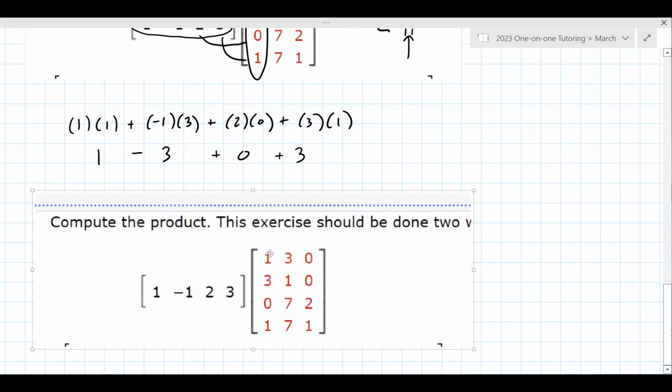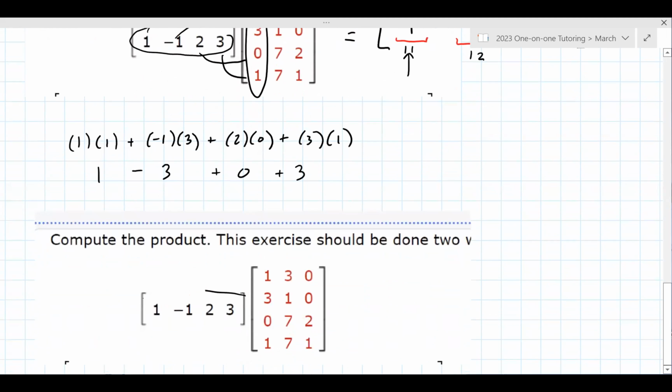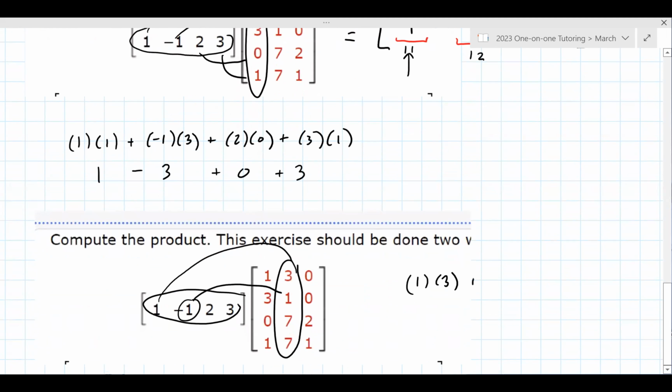If you look at the second position, that's row 1, column 2, and in your answer, it's the first row, column 2 of your answer. Then you pair them up together again. It's 1 times 3, -1 times 1, 2 times the 7, and then the 3 times the 7.